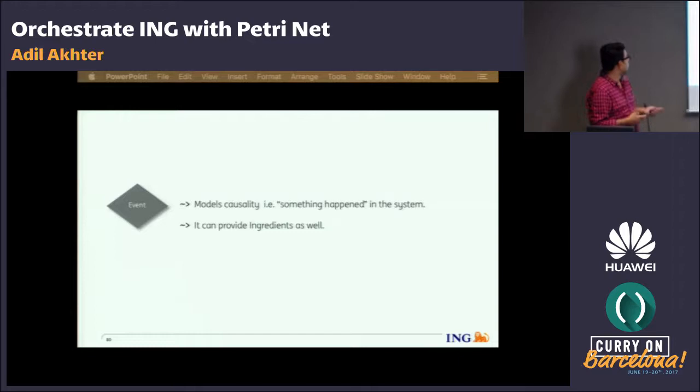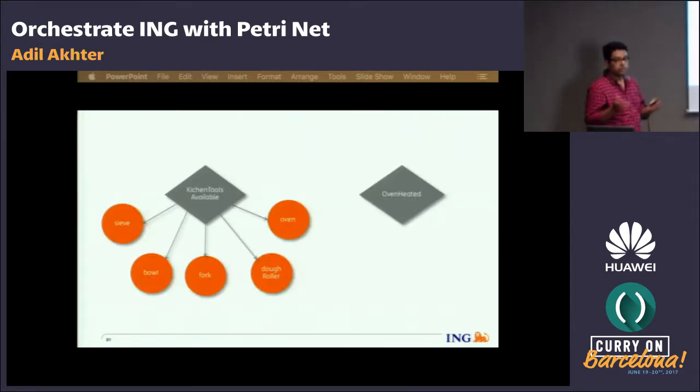And then event. There's this notion of event that models causality. So you could think of it as a primitive signal, but it can carry some structured data. For instance, in the case of baking a pizza, an event could be that your kitchen tools are available. That event gives you a lot of kitchen tools like bowl, fork, oven, and sieve.